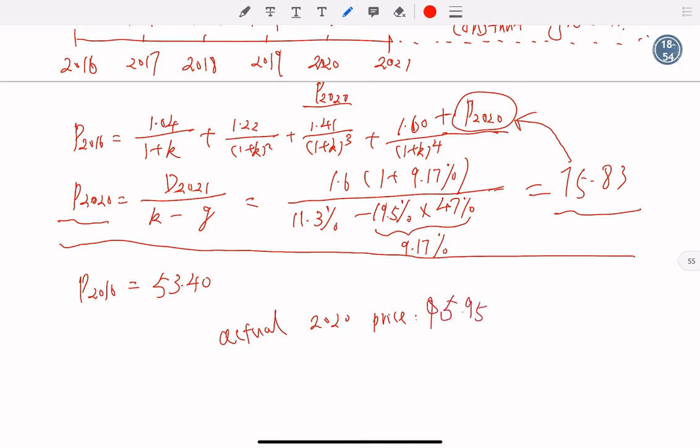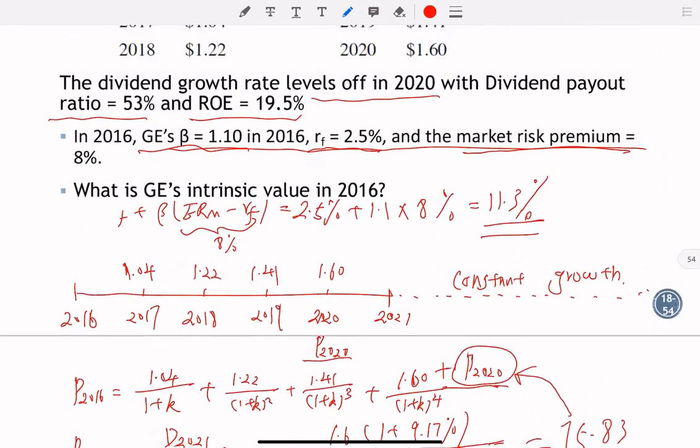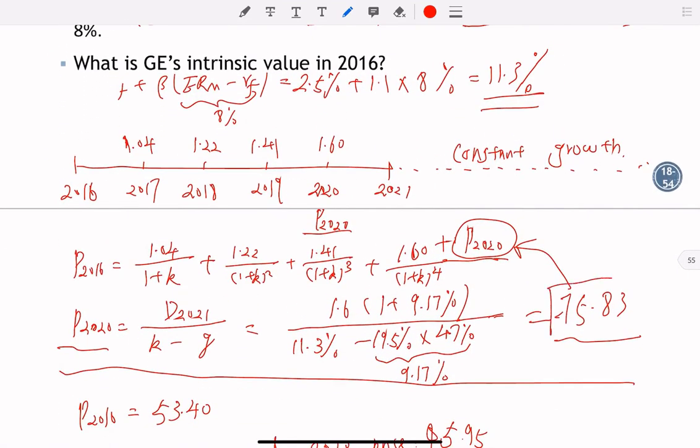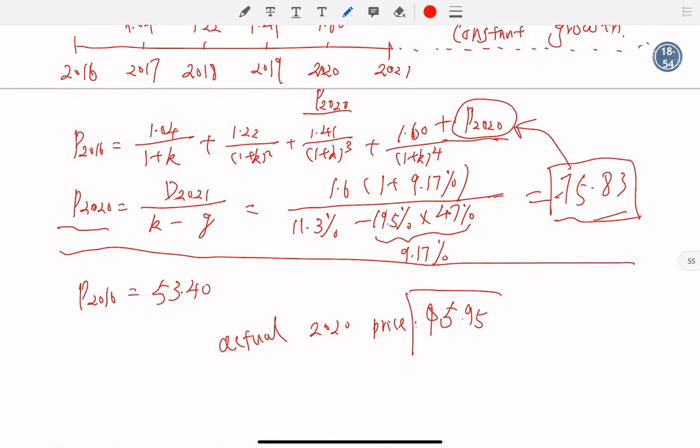So there is a huge difference here. Obviously, I have not checked these numbers, but you can imagine that maybe this ROE is way too high, or maybe the dividend here is way too high. I don't know. It's interesting to examine these numbers. Then you could see why you get a very high number here, but in reality, today GE's price is only 5.95.